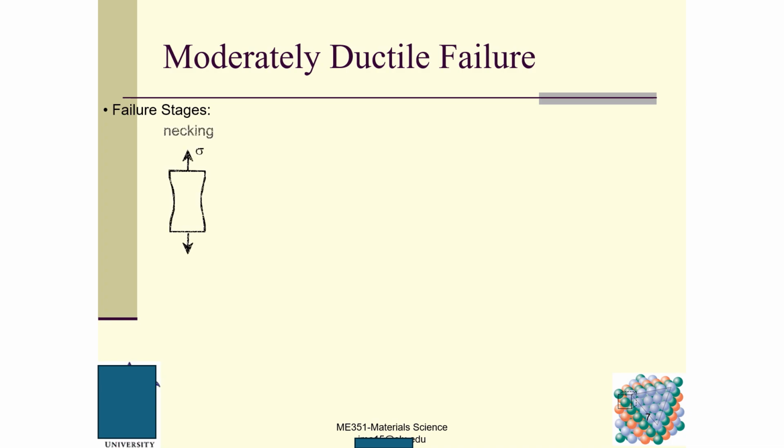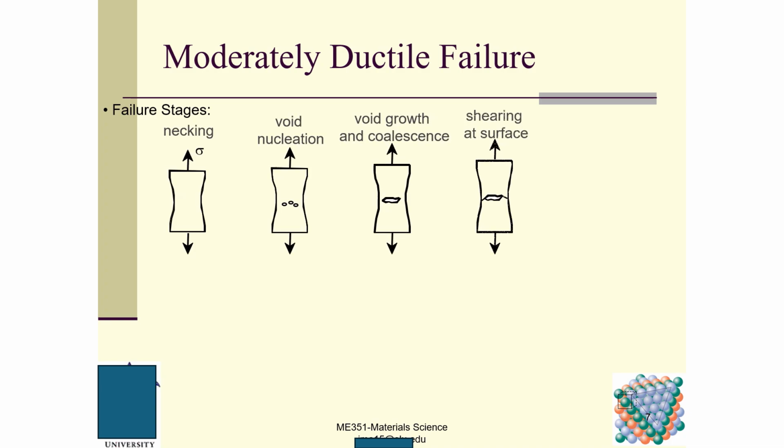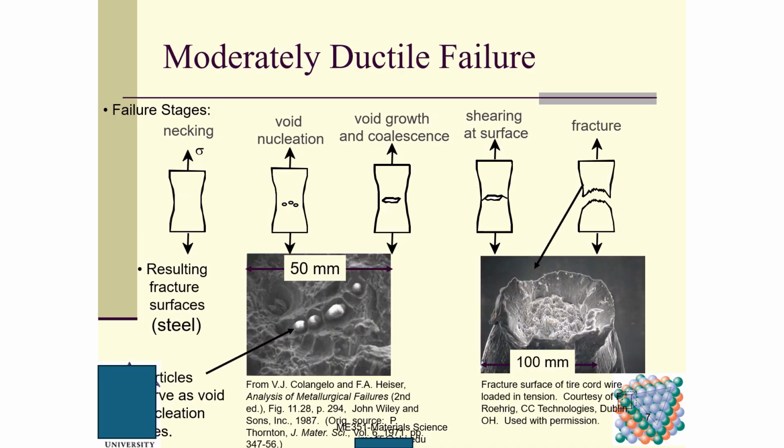So moderately ductile failure, and this shows you several stages here. This failure stage is necking, right? If you are taking mechanics of solids lab and you are going to do the tensile testing, I have been teaching mechanics of solids lab almost every year.